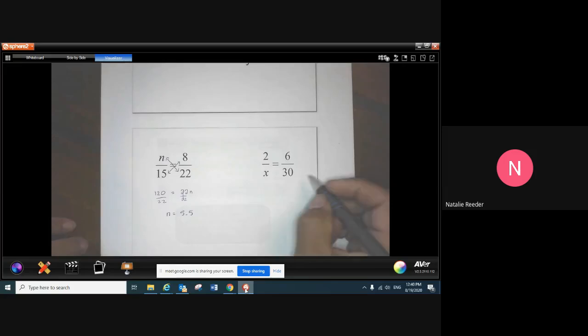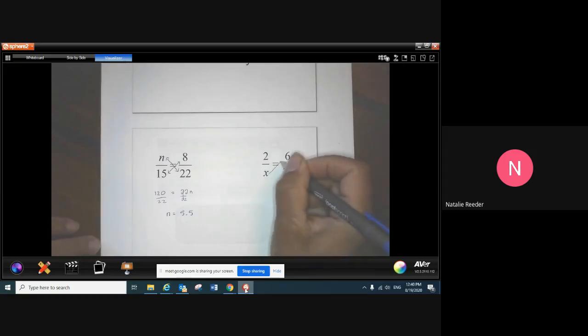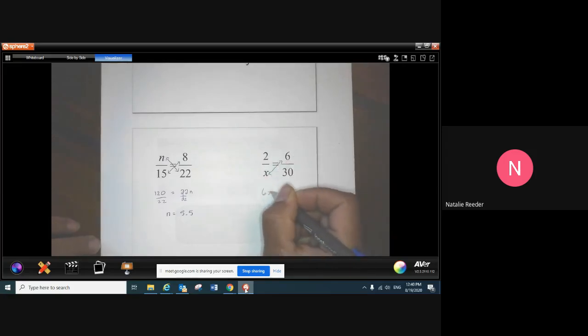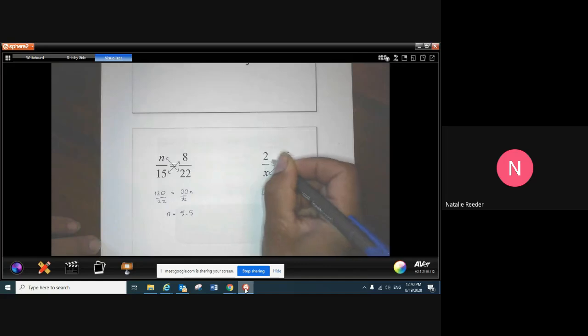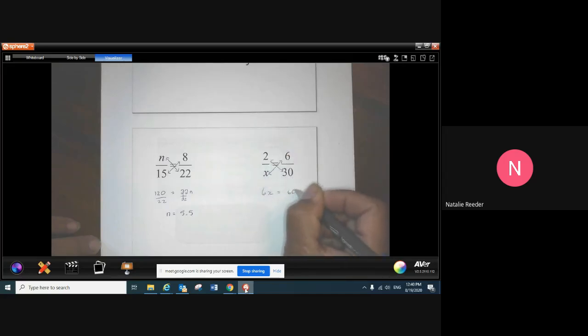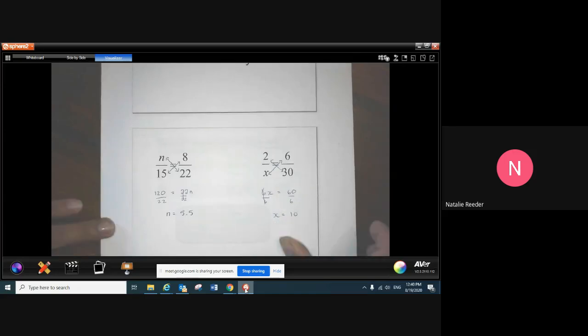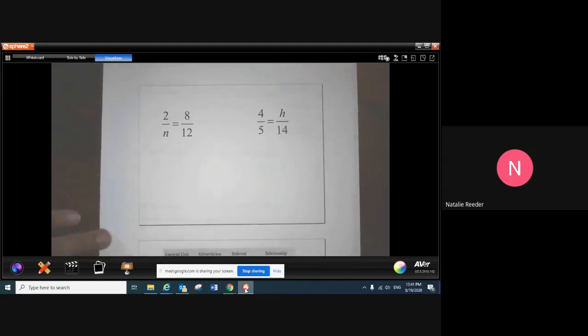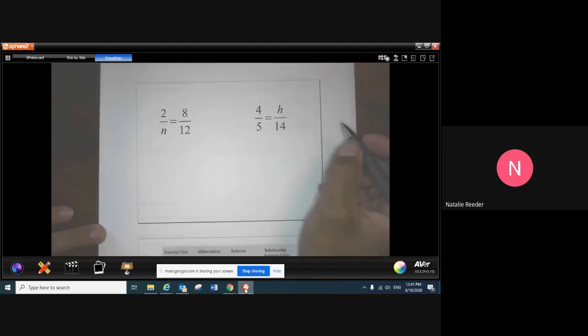This next example is the same thing. We can go x times 6, which gives me 6x. And 30 times 2, which gives me 60, and then divide both sides by 6, which leaves me with x is equal to 10. Same process, same strategy.